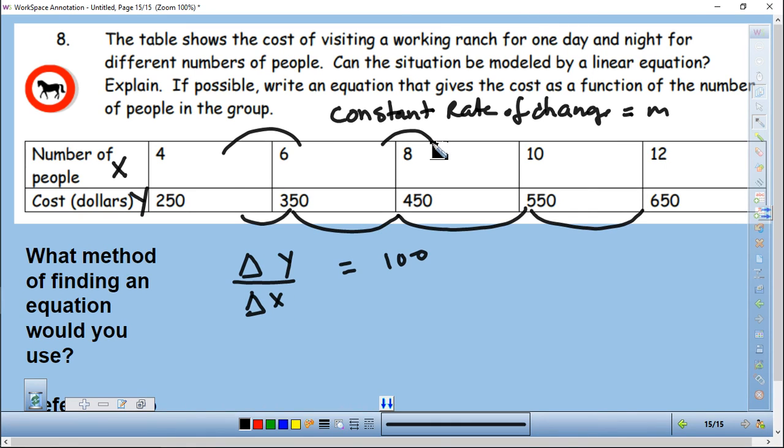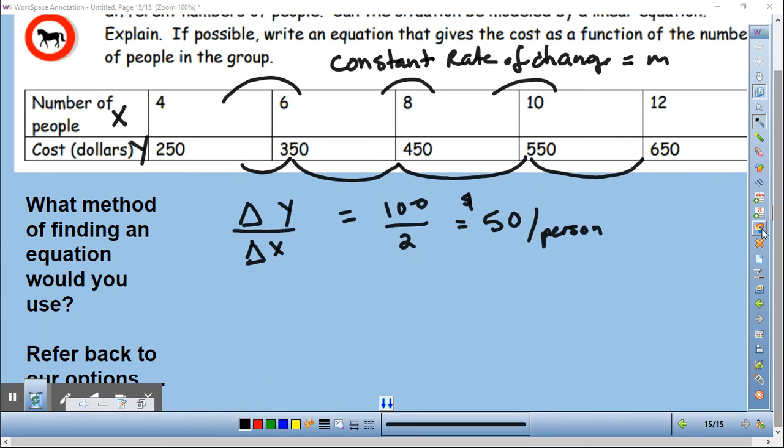My x is changing each time by 2. That reduces to 50. So it's $50 per person. Because this did come out such that I had a constant rate of change, to answer the question, can this be modeled by a linear equation? Yes, it can be.